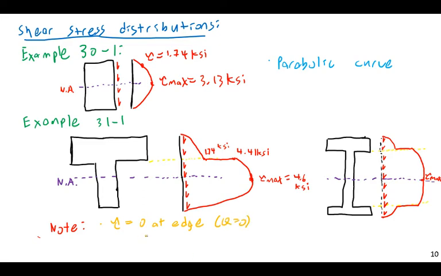There is no outward first moment of area at the edge, so tau equals 0. And tau max occurs at the neutral axis, where Q is at maximum. Q is max.